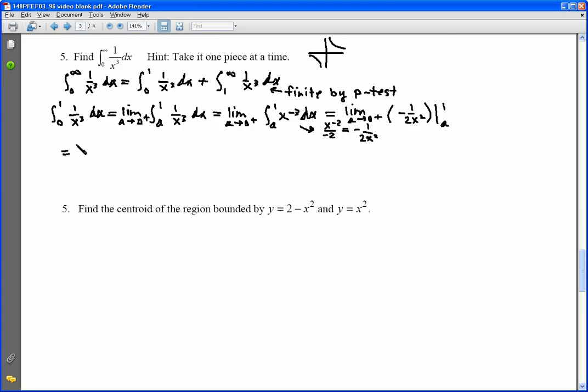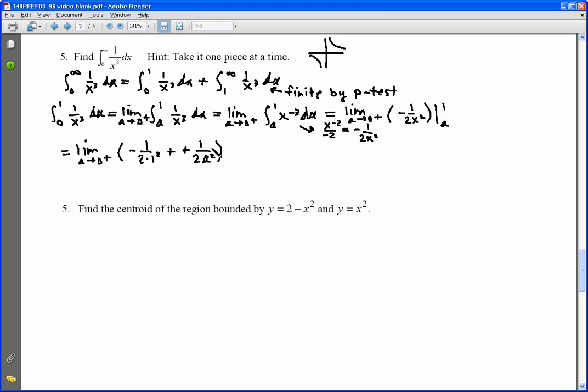So we plug a 1 in here, so we get negative 1 over 2 times 1 squared, minus, and then plug an a in there, negative 1 over 2a squared. So the double negative here makes a positive. This is just negative 1/2.